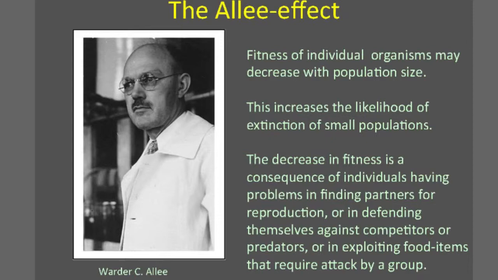And why would it be so? Well, for instance, if you are in a very small population, it might be very difficult to find a partner to mate with. So maybe you cannot reproduce properly.